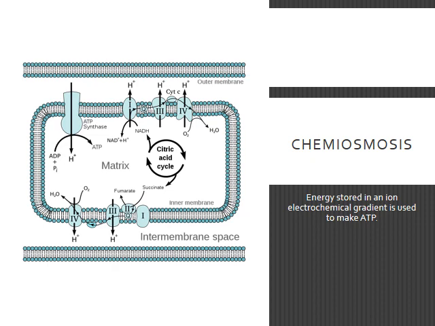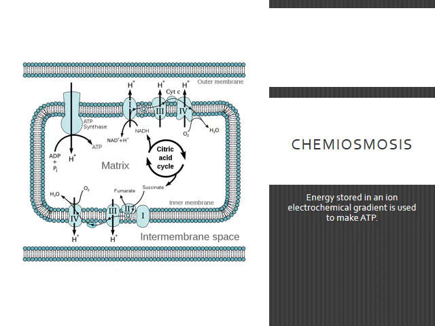Make sense? So what we do in our mitochondria, aerobic cellular respiration, how we produce ATP, is we're going to create a very, very high gradient in that intermembrane space. Because remember, mitochondria are double membrane bound, an inner membrane and an outer membrane.